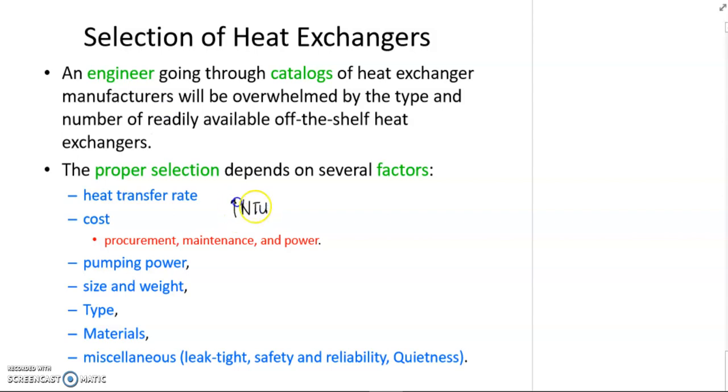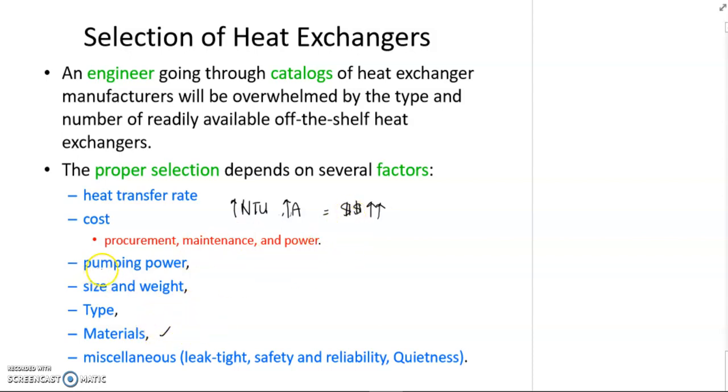If you have a high number of transfer units, your area also goes high, so your cost also goes high. And depending on the type of material, if you have stainless steel or anti-corrosion material, you have higher cost.